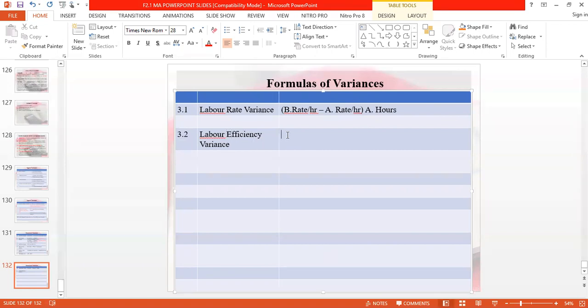How do we get labor efficiency variance? Labor efficiency variance is equal to budgeted hours for actual production minus actual hours, into bracket, times budgeted rate per hour.